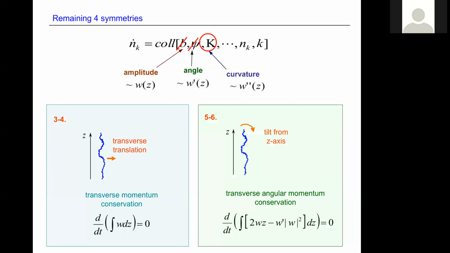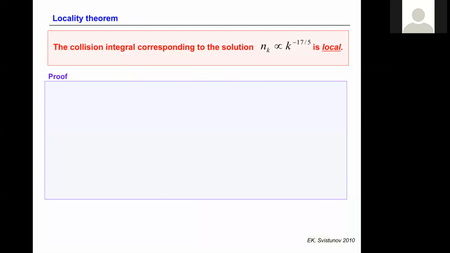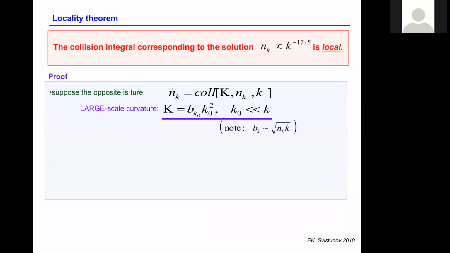Okay, but if this is the case, then I can write down the collisional term in terms of the large scale curvature, and then for this particular spectrum, I find that the curvature, which is an integral like this, actually builds up at the upper limit, not the lower limit.